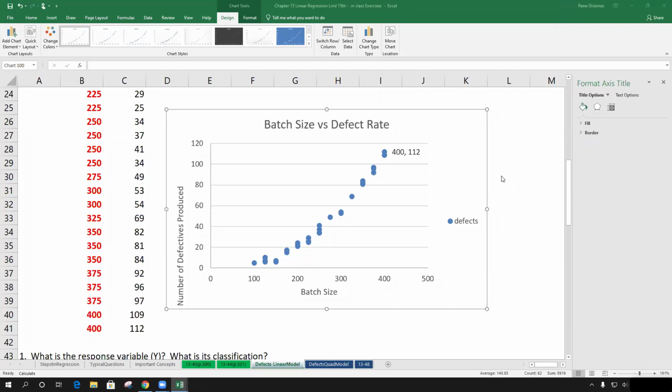The bigger the batch size, the greater the number of defectives produced. That's correct. So what we can say here is that there is a direct or positive correlation between batch size and the number of defectives produced.